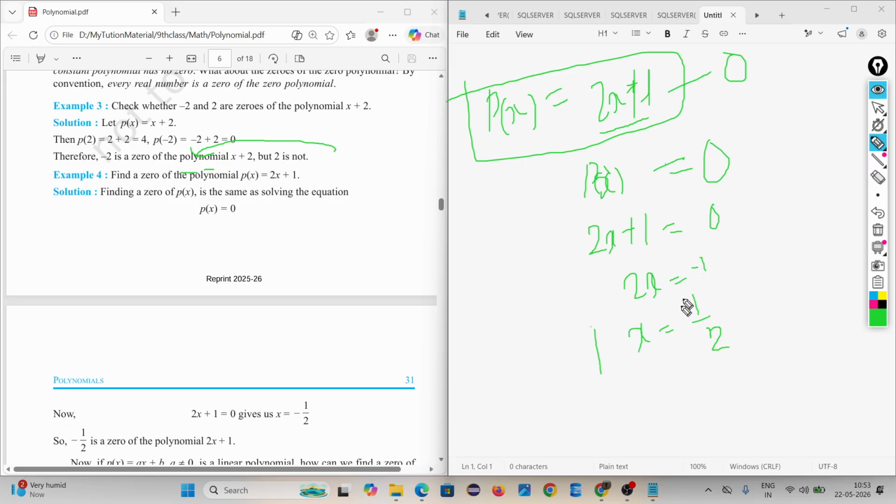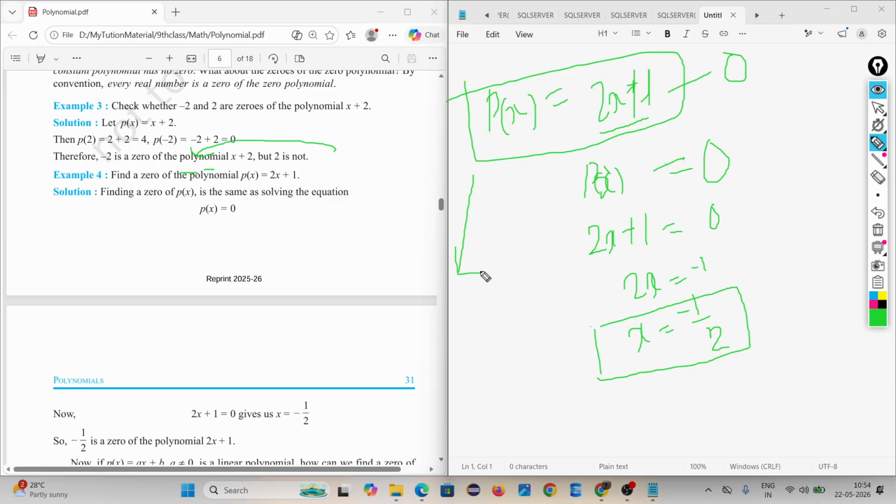This is minus 1. Don't be confused. A zero of the polynomial means by putting it, you have to find the variable value, and by putting that variable value, your polynomial should become 0.